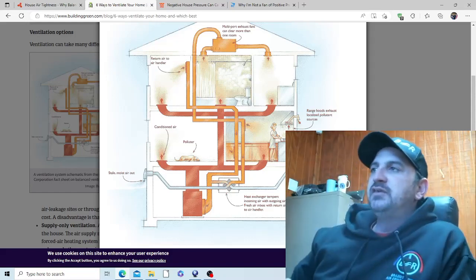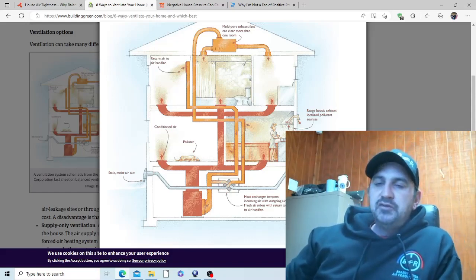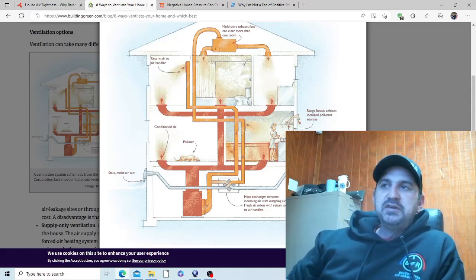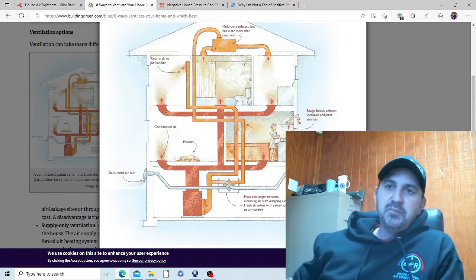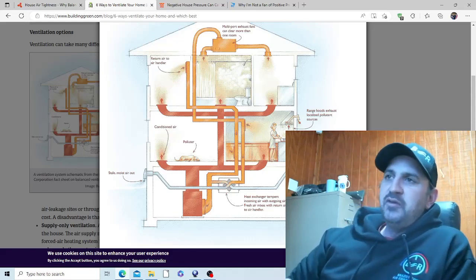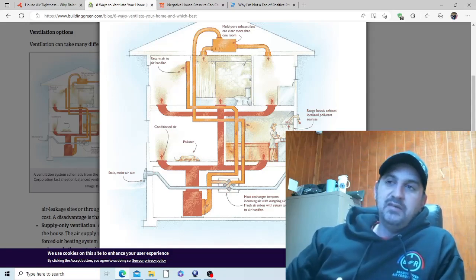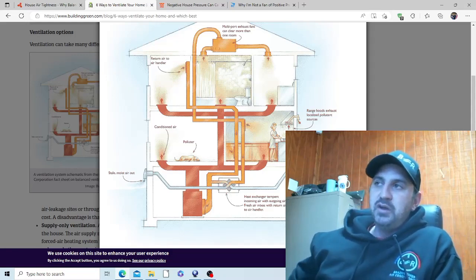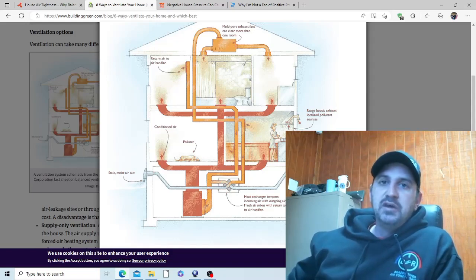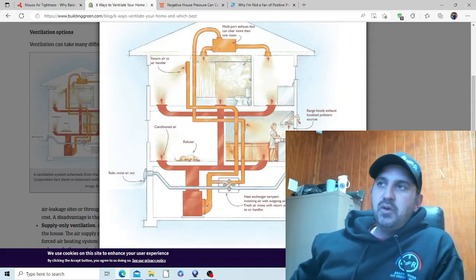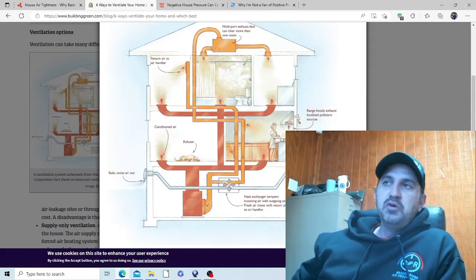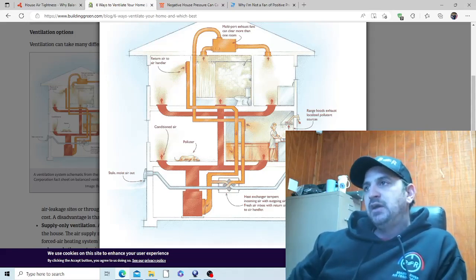Natural ventilation is good if you're doing a lot and you don't care about the dust and different things from the outside. If you live in an area where there's a lot of smog, or you're in an area where you've had, last spring here in Texas, we had quite a few large fires north of us, and they were quite a ways north of us, but the smoke and the ash was drifting through the air down here.